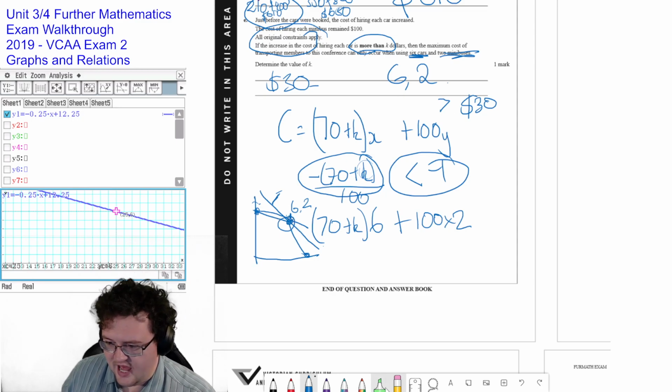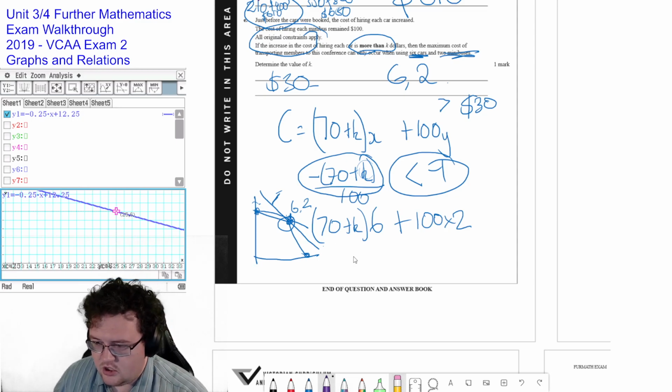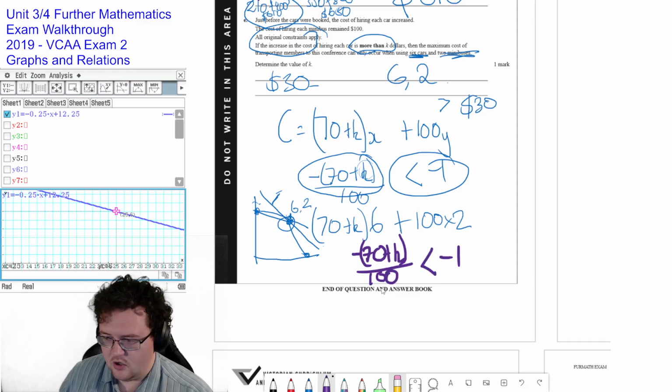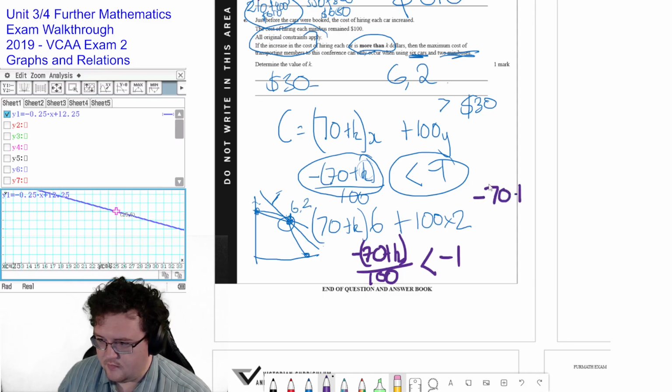So you have this, I'm just going to rewrite it out here. You have this strange relationship here that you would then need to solve. -70 plus K is less than -100.